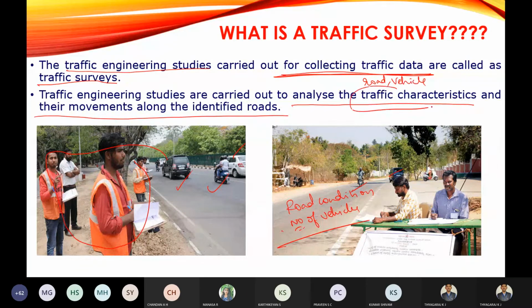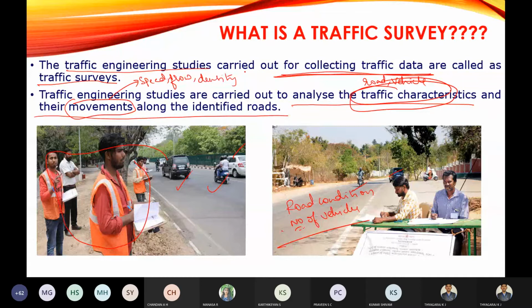Analyzing those data, we are going to call a traffic survey. And their movements, how they will be moving, whether the speed, how much speed they are moving, what is the flow of the traffic in the given road, and what is the density of the traffic in the given road. All those data we are going to collect. This comprises all of this, and we are going to call it a traffic survey.